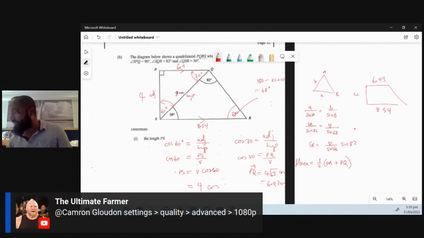So half the sum of the parallel sides times the height, which is PS. So it's half of 6.93 plus 8.54, multiplied by 4. Well done, Shirag Ramchandani. I hope I pronounced your name correctly.